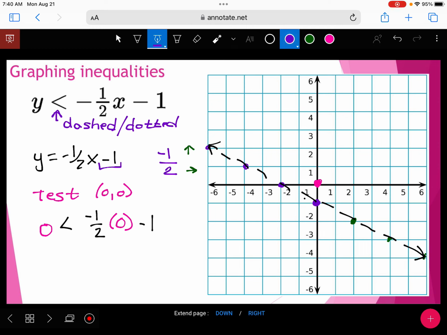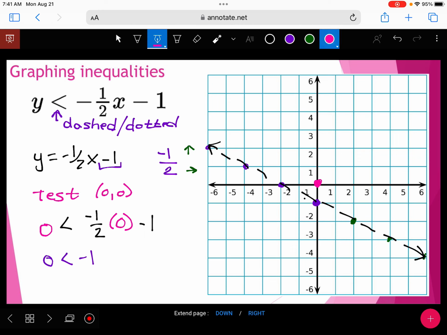We want to know, is 0 less than negative 1/2 times 0 minus 1? 0. 0 minus 1 is negative 1. So it's okay to take a jump like that. Is 0 less than negative 1?